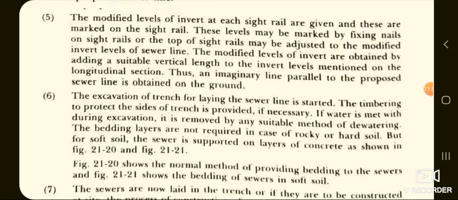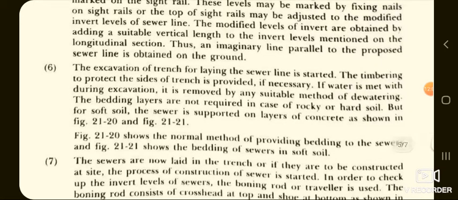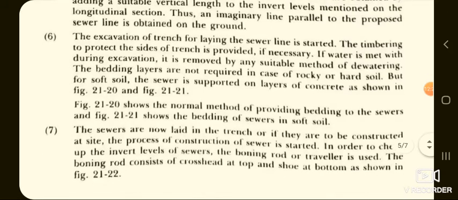These levels may be marked by fixing nails on side rails, or the top of side rails may be adjusted to the modified invert levels of sewer line. The modified levels of invert are obtained by adding a suitable vertical length to the invert levels mentioned on the longitudinal section. Thus, an imaginary line parallel to the proposed sewer line is obtained on the ground.